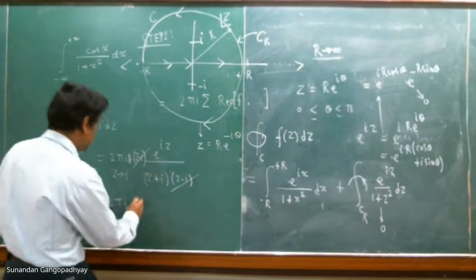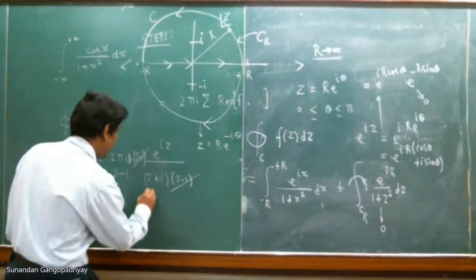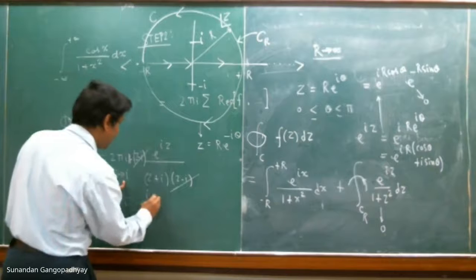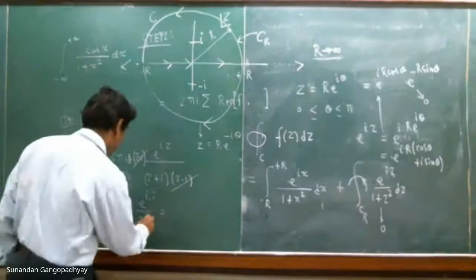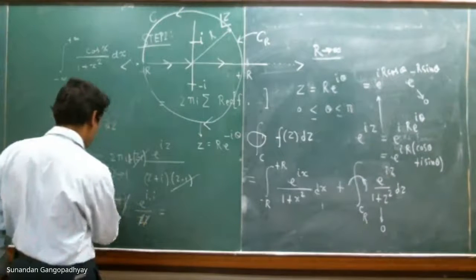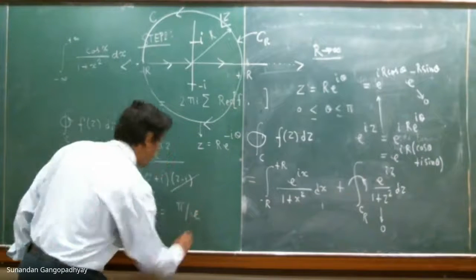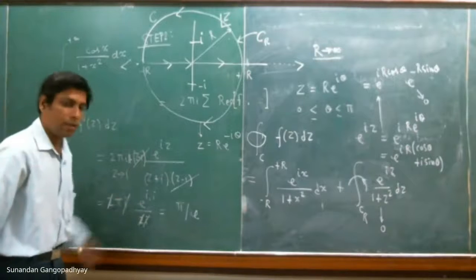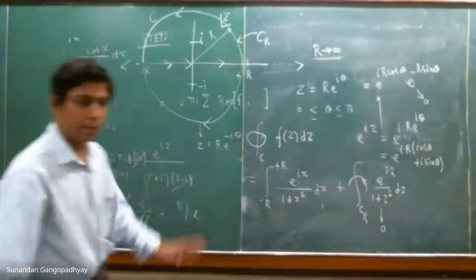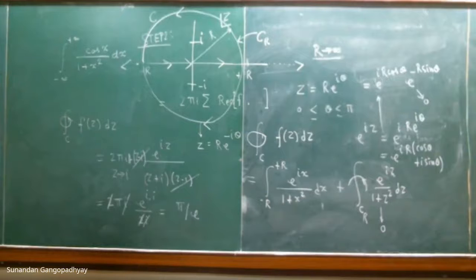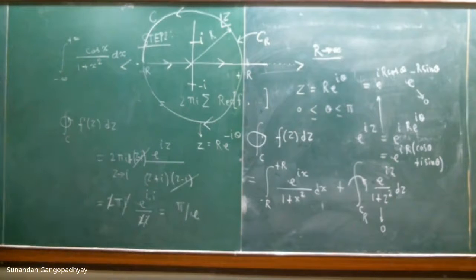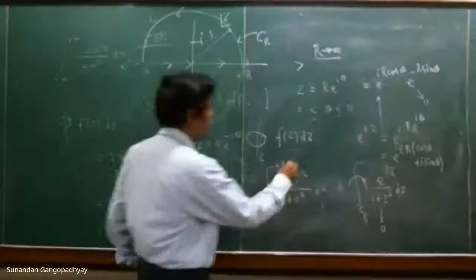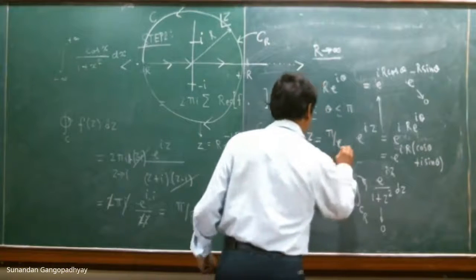So this is 2 pi i e to the power of i times i, divided by 2i. The i and i cancel, the 2 cancels, so you have pi by e. This is the e that you know, 2.7 something, the standard e. So the contribution from the residue is pi by e. Therefore, the value of this contour integral is equal to pi by e.